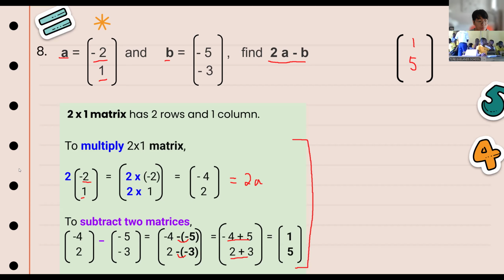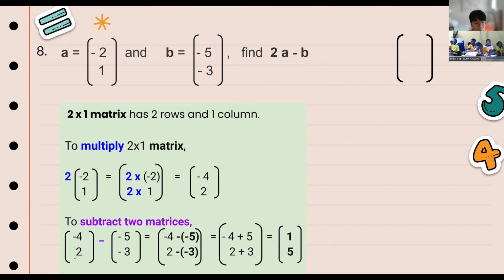Okay, because of time, we might need to move on, but if you have any questions about this, feel free to ask me. Always remember to be careful about signs. Negative 4 minus negative 5 is equal to negative 4 plus 5, and 2 minus negative 3 is equal to 2 plus 3.